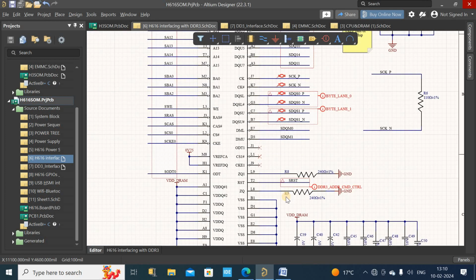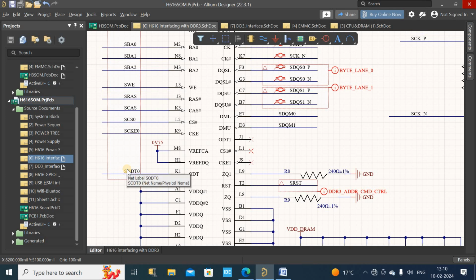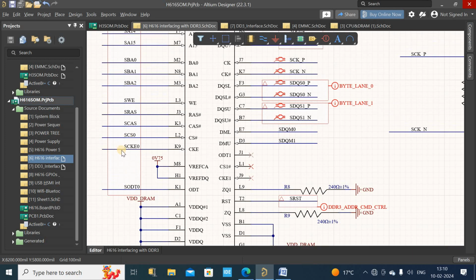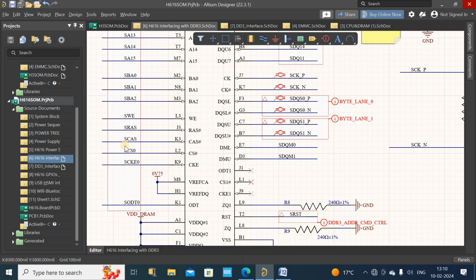All right, and this is on the terminations. On-die termination is for enabling the termination resistor in order to prevent reflection. For enabling the clock signals, we have clock enable signals. For selecting rows and columns, we have these two command signals, and this one is for selecting this particular chip while the host controller is communicating during memory operations.